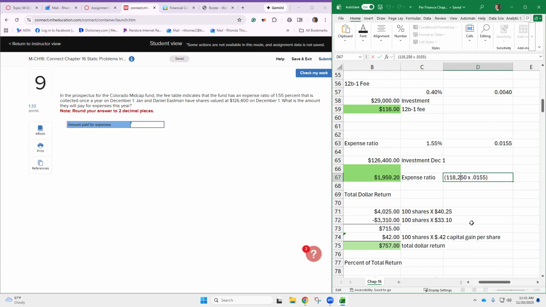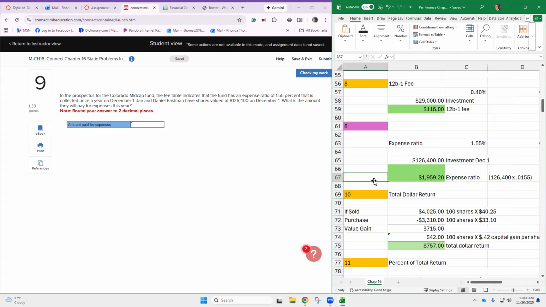So the calculation would be 126,400 times 0.0155. Okay, and they want this in 2 decimal places. So this is a fee of $1,959.20.